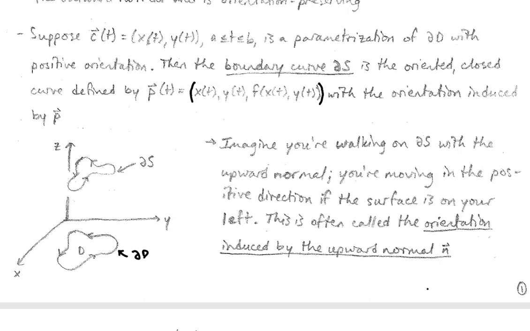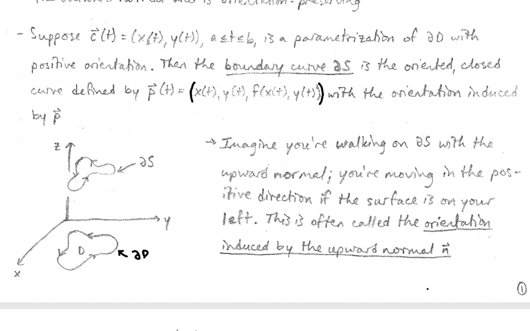Now, for the boundary curve partial S, we're still going to assume that we traverse this curve in the counterclockwise direction. And when we traverse the boundary curve partial S in the counterclockwise direction, the outward pointing unit normal for our surface S is still going to be the upward pointing unit normal.